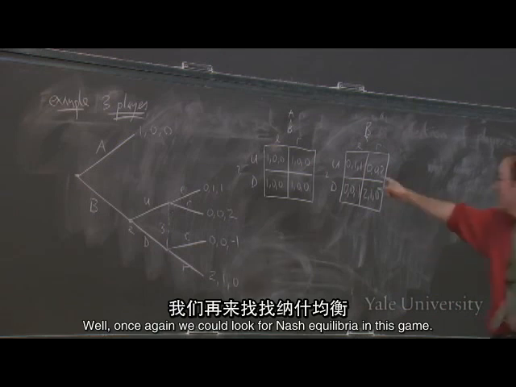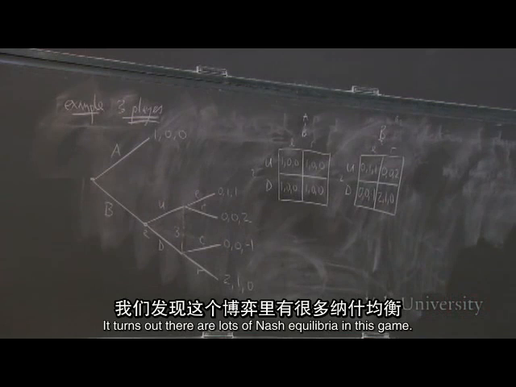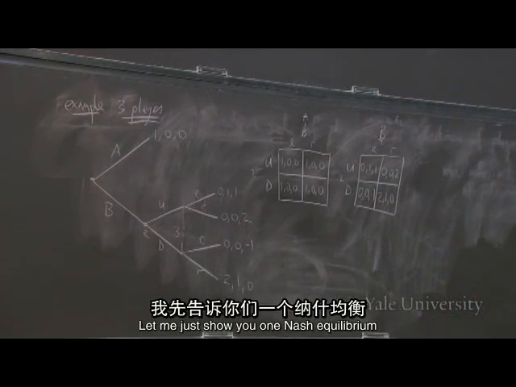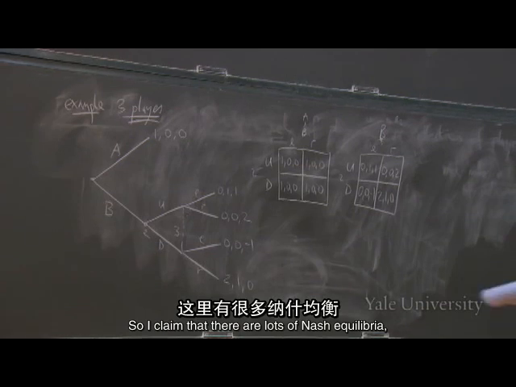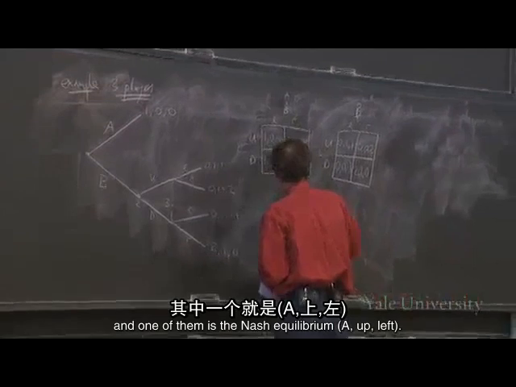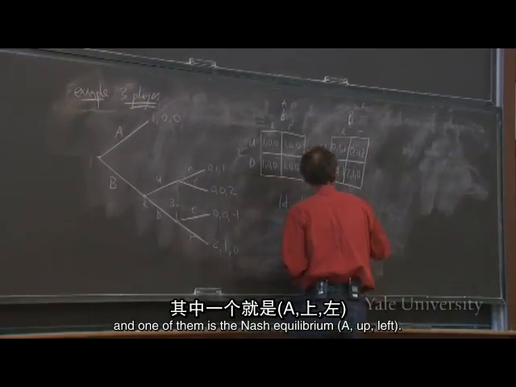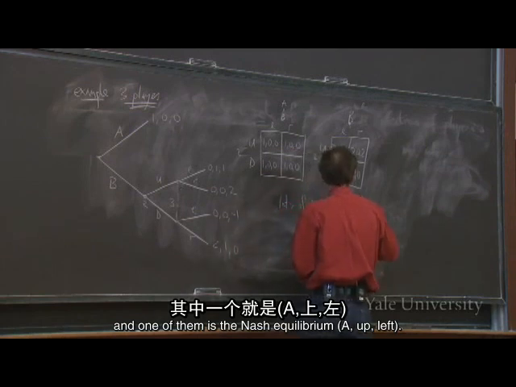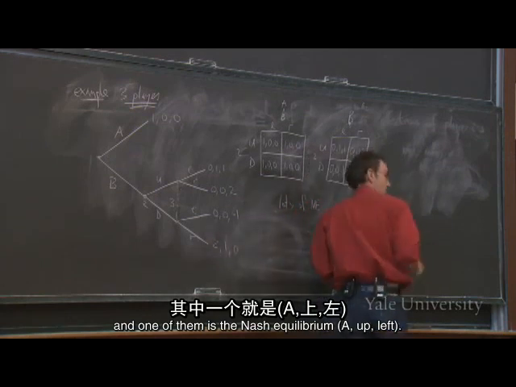Well, once again, we could look for Nash equilibria in this game. It turns out there are lots of Nash equilibria in this game. Let me just show you one Nash equilibrium, and then we'll talk about it. All right, so I claim that there are lots of Nash equilibria, and one of them is the Nash equilibrium A up left.